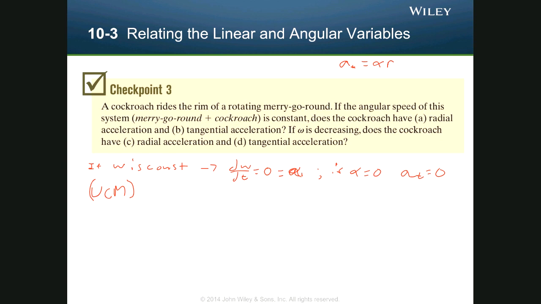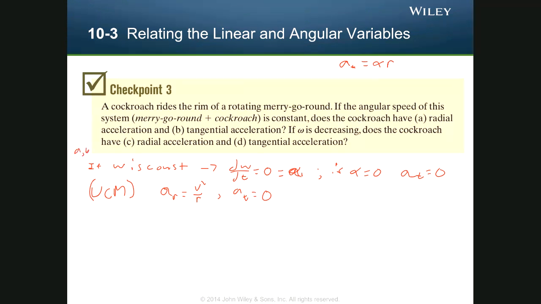And then we have that a_r will equal v squared over r, and a_t will equal 0. So that's where we get the yes, no, right? Because we'll certainly have an a_r, but we won't have an a_t. So that's A and B.